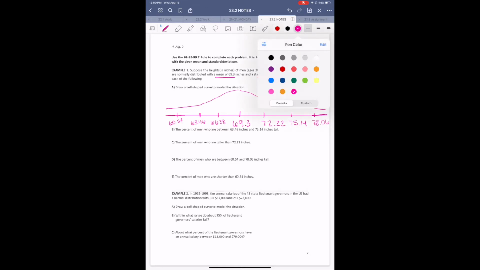Okay. Now, if you want to make things a little bit easier, you can always split it off into the percentages per section, right? And I think personally that's just a little bit easier when you're looking for data.